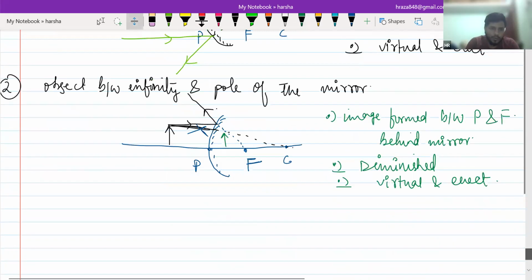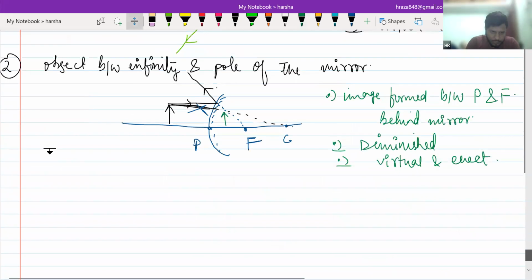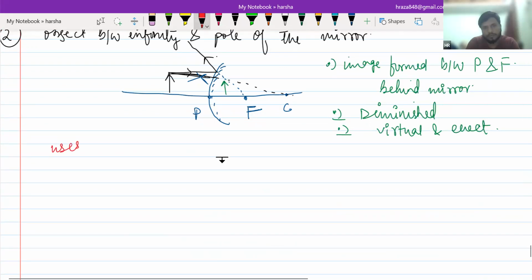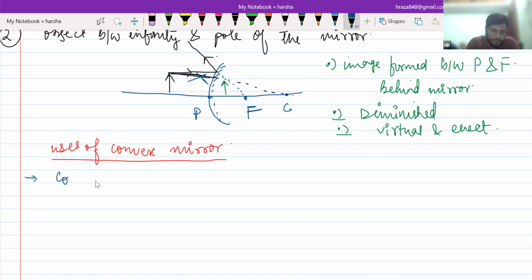And then we have the uses of convex mirror. Convex mirrors are used as rear view mirrors.